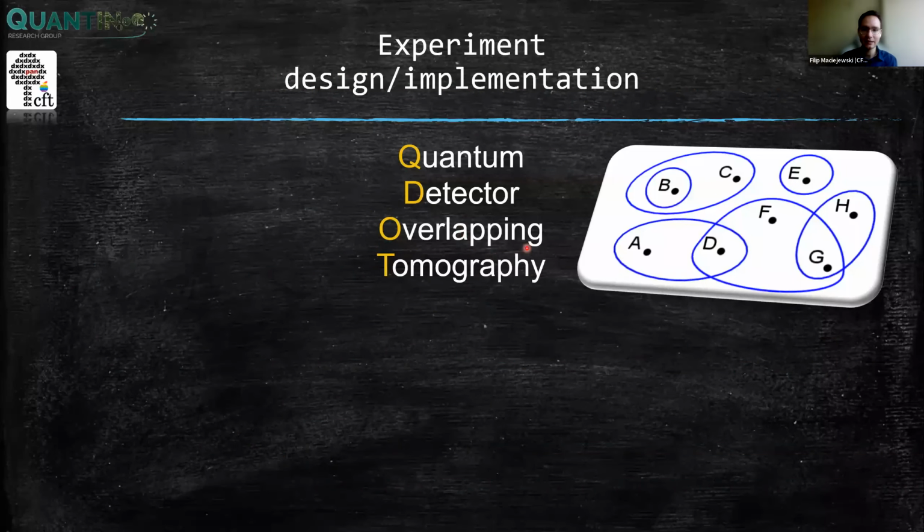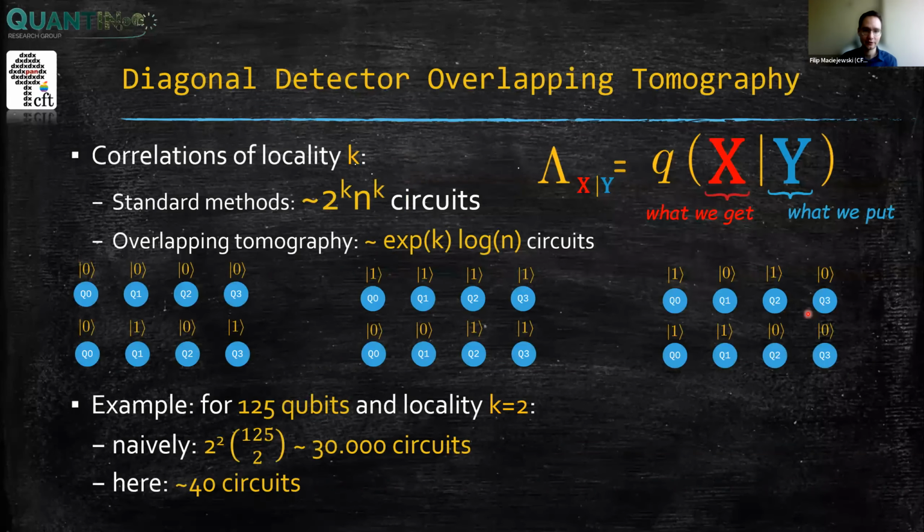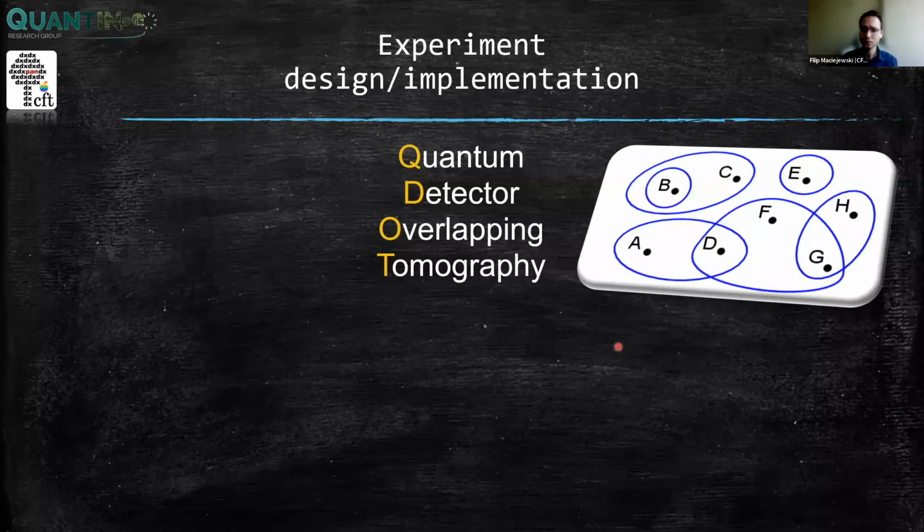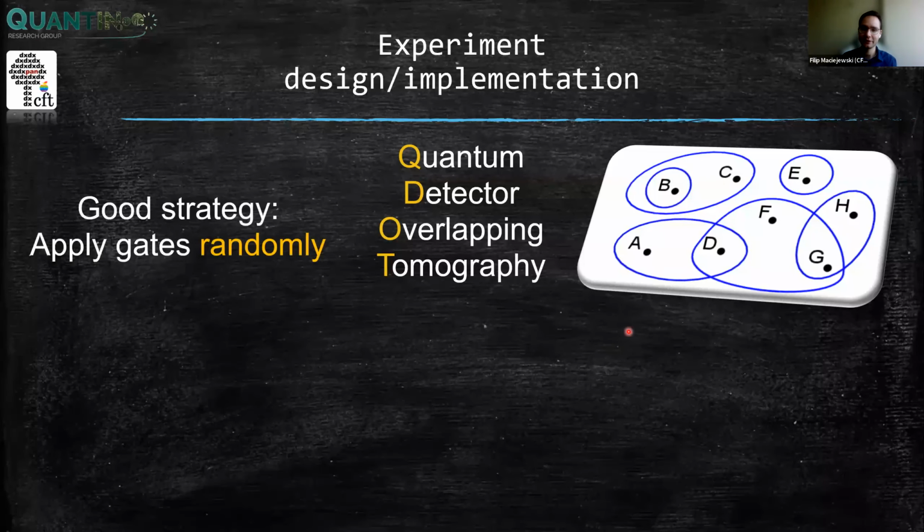So one might ask how to choose the circuits in order to perform this tomographic reconstruction of the subsets of locality k. It actually turns out that a good idea is to just apply gates randomly, and in this case, those gates are just X and identity gates, because you usually start with a 0 state in a quantum device, and you want computational basis states, so you apply randomly on each qubit X or identity gate.